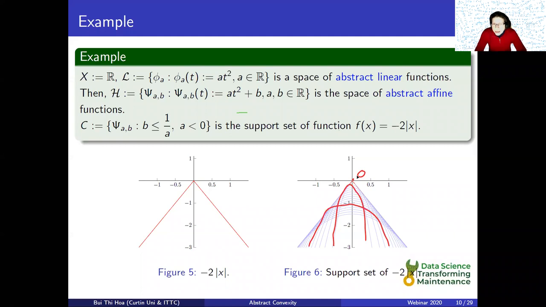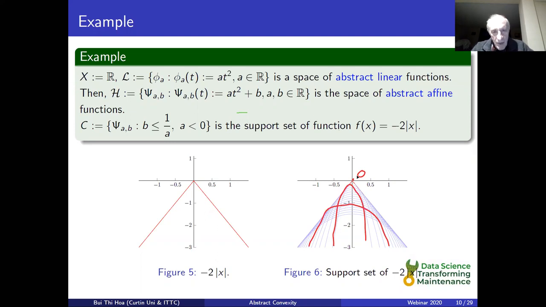So can we even develop a theory of approximation using abstract convexity concepts? Yeah, that would be very great. I suspect that probably Hua could come up with some definition of abstract linear or abstract affine functions to make even negative absolute value differentiable at 0. But it will be probably the next step.